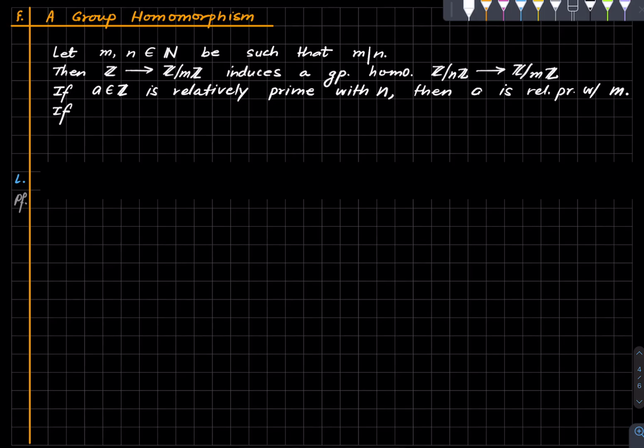So therefore, suppose I have some member of (Z mod nZ) star. If a plus nZ is an element of this group for some integer a, then a plus mZ is in (Z mod mZ) star.